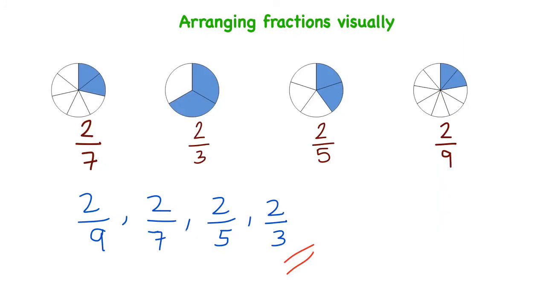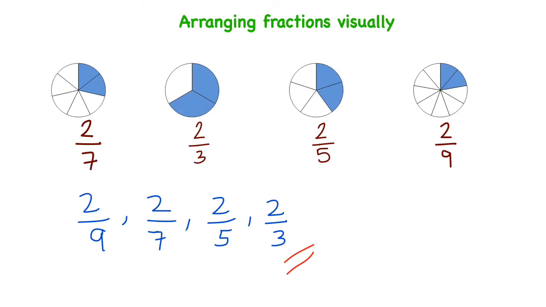In this slide, we will learn how to arrange fractions visually in ascending order, that is from least to greatest. So here I have used a whole that is divided in different fractions. So first one is 2/7, second is 2/3, third is 2/5, and the last one is 2/9.